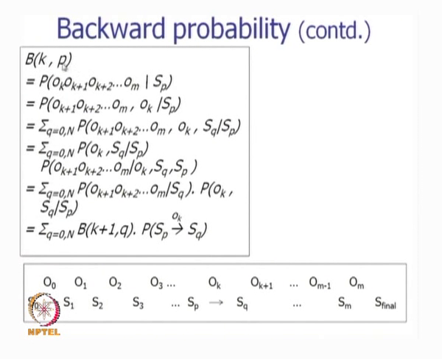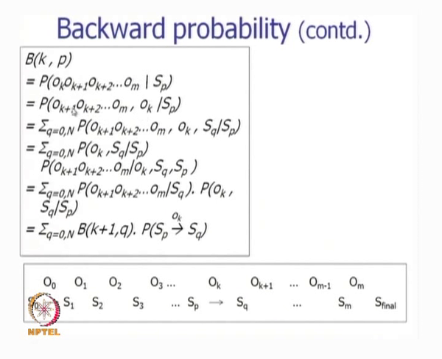Since this is backward probability, we will gradually look into the smaller and smaller segments of the observation sequence towards the end. So, naturally k will now increase in its value one by one. So, let us see how the process is. P of O k, O k plus 1 up to O m given S p.